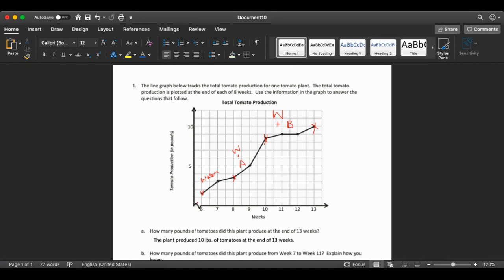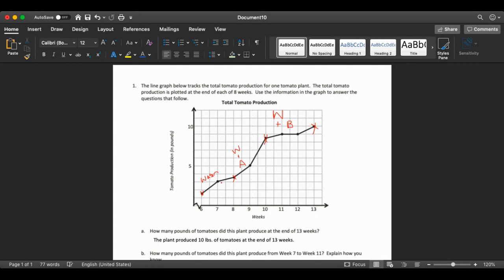It goes from like 1.5 tomatoes. I know it doesn't really make sense to have 1.5, but maybe it wasn't fully grown, to just about 3.5. And then starting at week 8, about 3.5 to, oh, it does make sense because it's in pounds, sorry. About 3.5 pounds to 8.5 pounds, and then 8.5 pounds to 10 pounds.